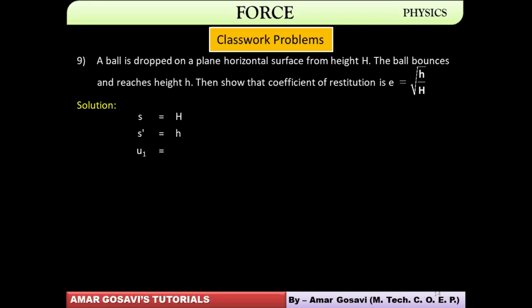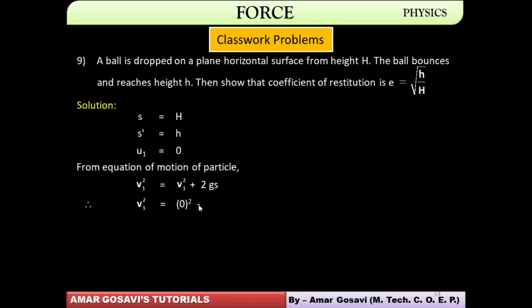U1 is 0 because it has started moving from some height H. Equation of motion of particle: V1 square is equal to, here unfortunately it is mentioned V1, it should be U1, U1 square plus 2GS, which gives you V1 square equal to 0 square plus, because you are putting it as acceleration due to gravity, it has to be taken always negative because it is directed towards the center of Earth.